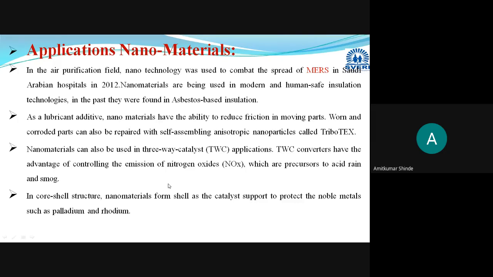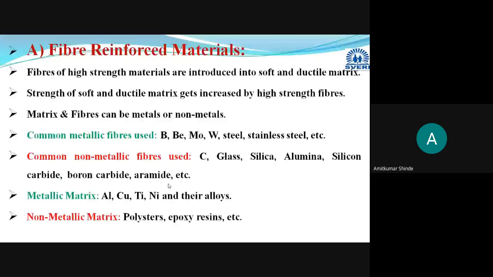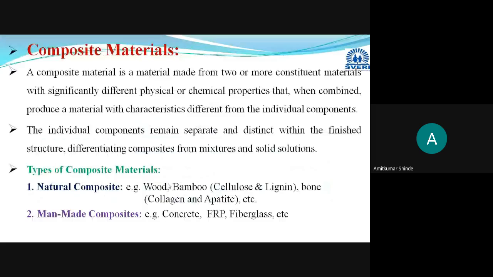Now in this way we have completed this part: composites, materials and nanomaterials. The third chapter is completed, so the 3 chapters are finished, and with that the first section is complete.